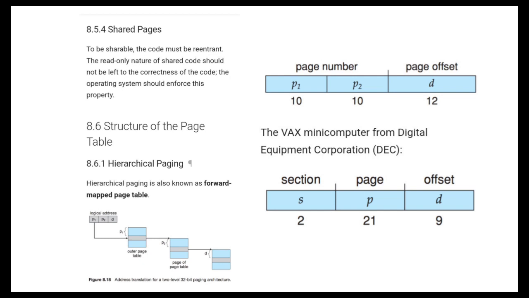With a 64-bit logical address space and 4 KB pages, there are 52 bits worth of page number, which is still too many even for two-level paging.